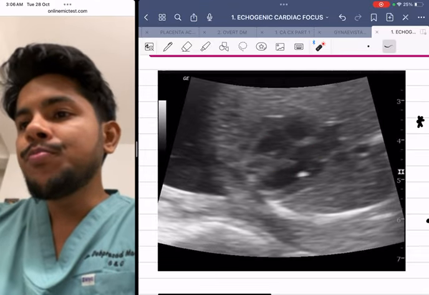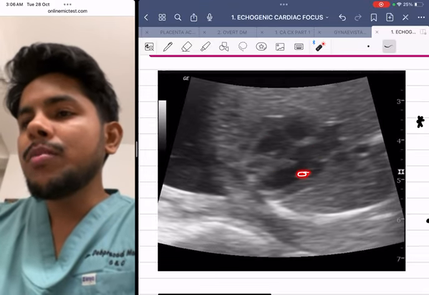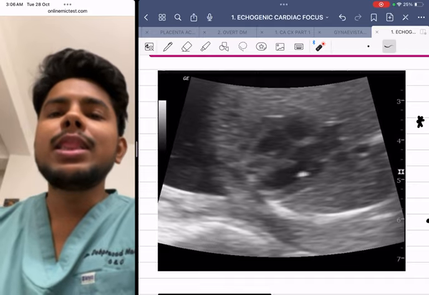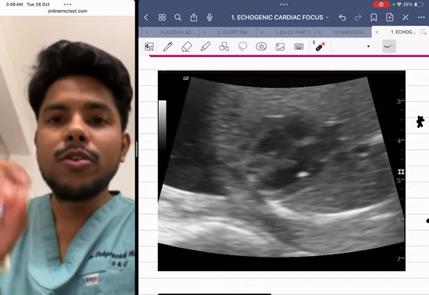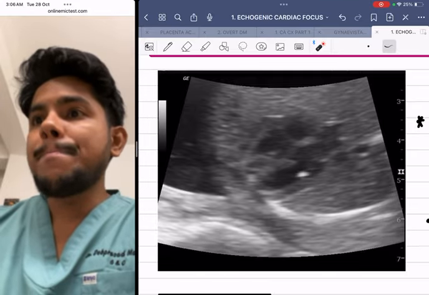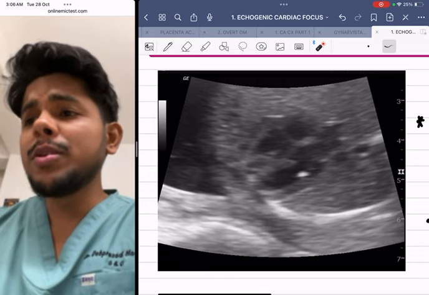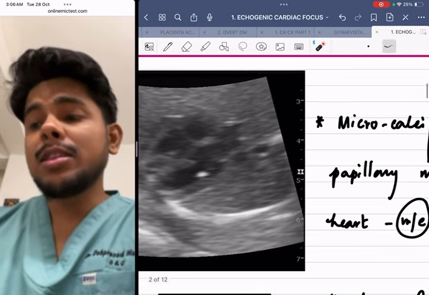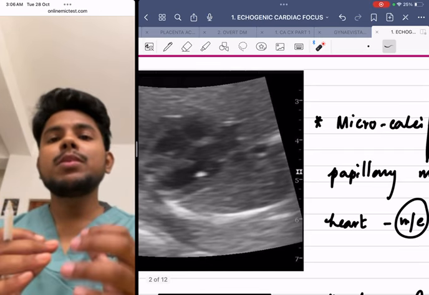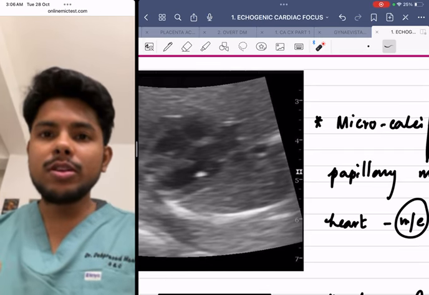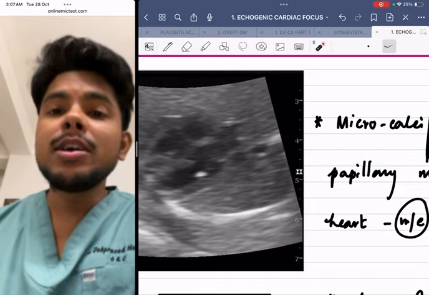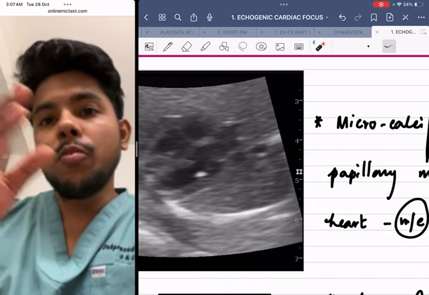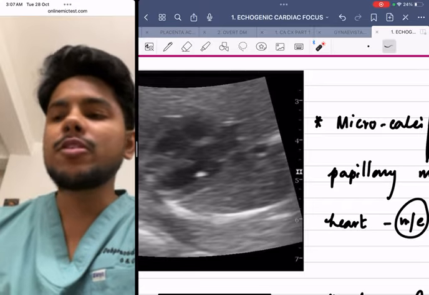So you can see echogenic foci within the left ventricle, and the most common site for this particular finding is the left ventricle. Sometimes it may be present in the right ventricle, or sometimes it may be biventricular. That means it can be present in both right and left ventricles.